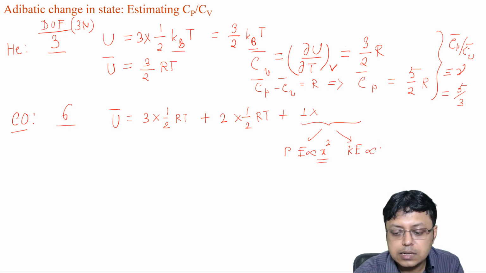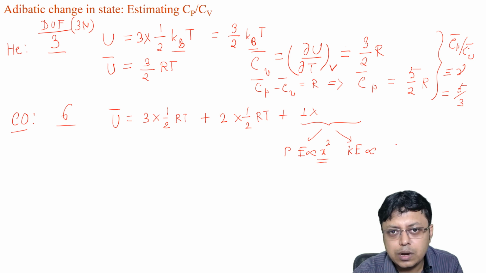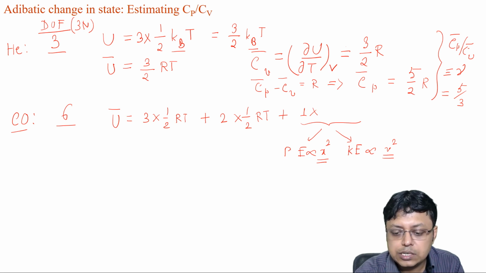And the kinetic energy, as before, is p square by twice m, where p is the momentum, or half mv square. Usually you do not write m, you use reduced mass, but whatever it is, that is also proportional to velocity square. So each degree of freedom in this case, instead of contributing half RT, will contribute RT. Half RT is coming from the potential energy, and half RT is coming from the kinetic energy.